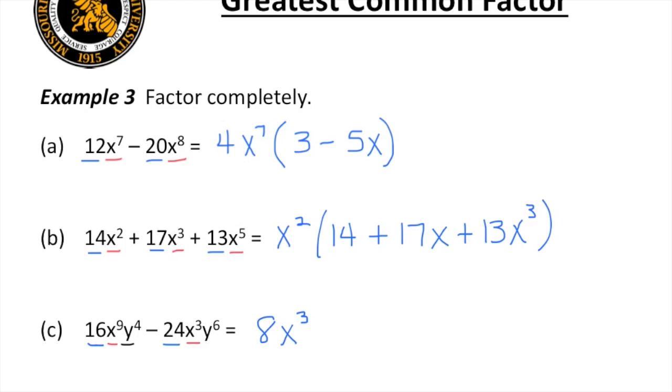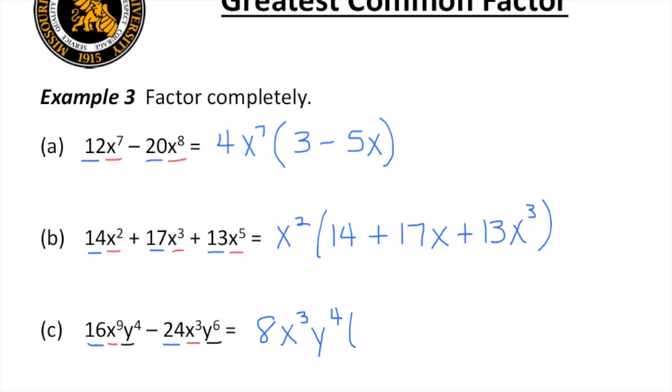Finally, looking at our y factors, the largest factor involving y is y to the 4th. So our greatest common factor is the product 8x cubed y to the 4th.